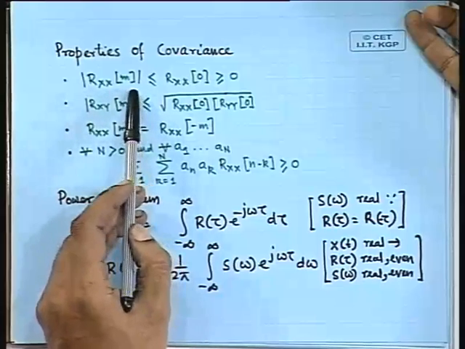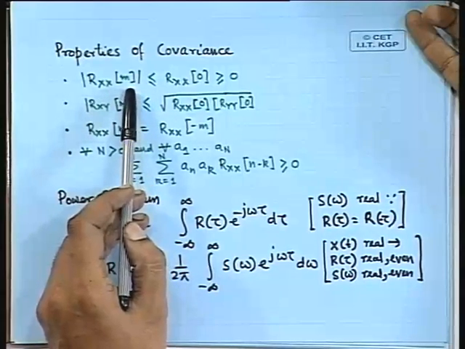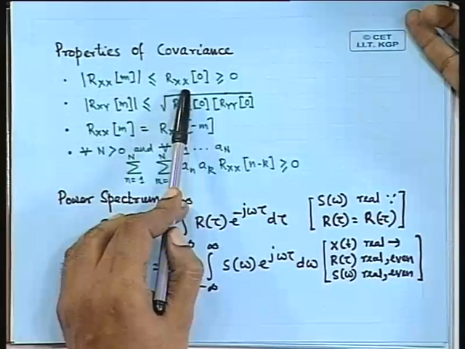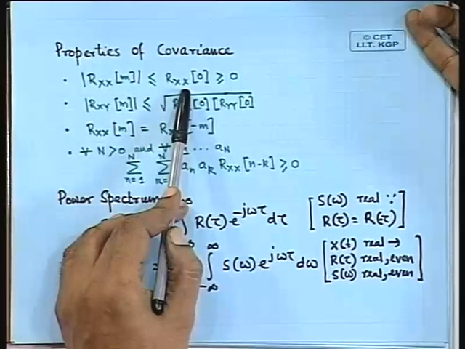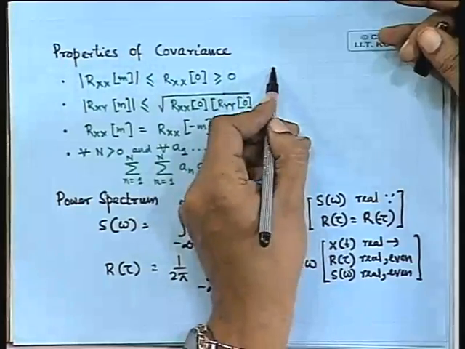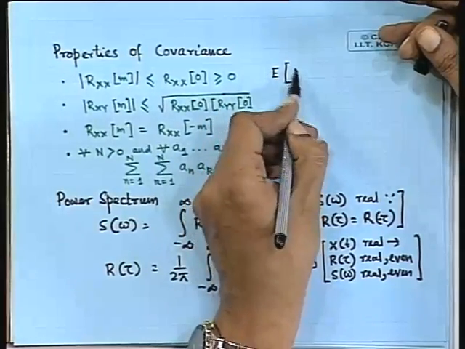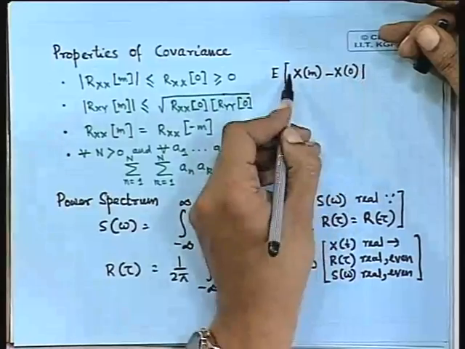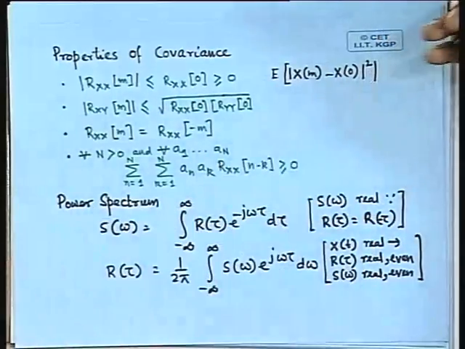That is, the autocorrelation function with any value of m is going to be less than or equal to the autocorrelation function at 0. This is very interesting to prove, and it's very easy to prove actually if you realize that this must be positive.